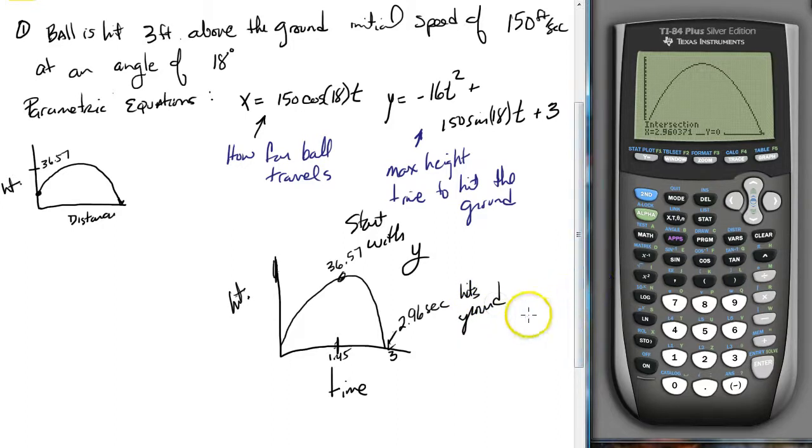All right. Now, I have an equation for X. I'm going to use this time and plug it into X. So I go over here. X equals 150 cosine 18 times 2.96. Punch that in your calculator.